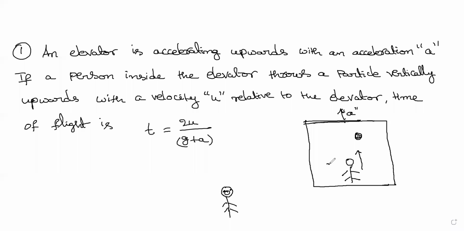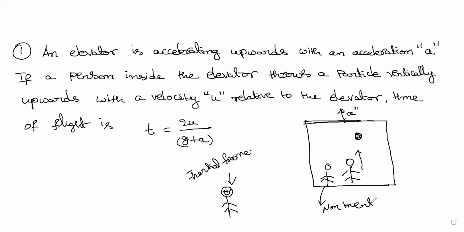So when we move inside the lift, this is called accelerating frame of reference. It is called accelerating frame of reference. This is outside. This is called inertial frame of reference. Inertial frame. When I move inside the lift, when I am moving along with the lift, okay, it is called non-inertial.